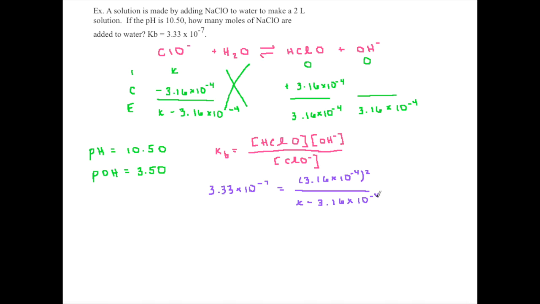So I know that this is going to be 3.33 times 10 to the negative 7th times X minus, when I multiply these two together, I get 1.052 times 10 to the negative 10th. That equals 9.9856 times 10 to the negative 8th.